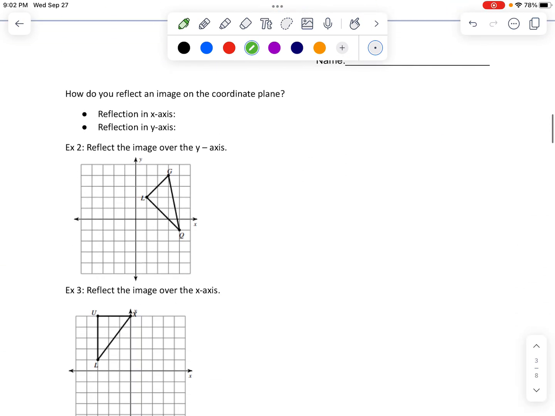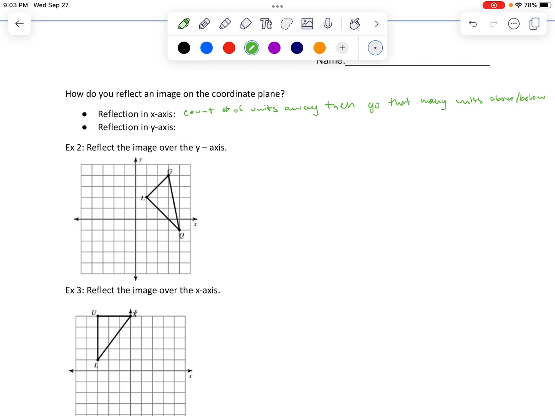So, moving on. Now let's talk about reflections in the coordinate plane. So how do you reflect an image on the coordinate plane? If it's a reflection over the x-axis, this is going to sound kind of silly, but you will count the number of units away, then go that many units above or below, depending on your picture.